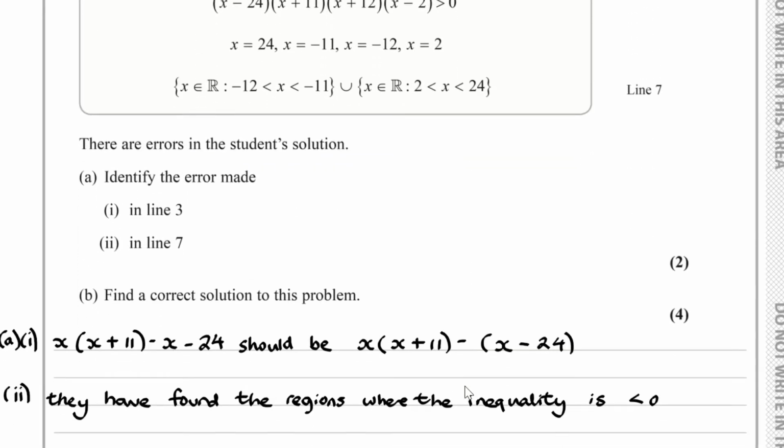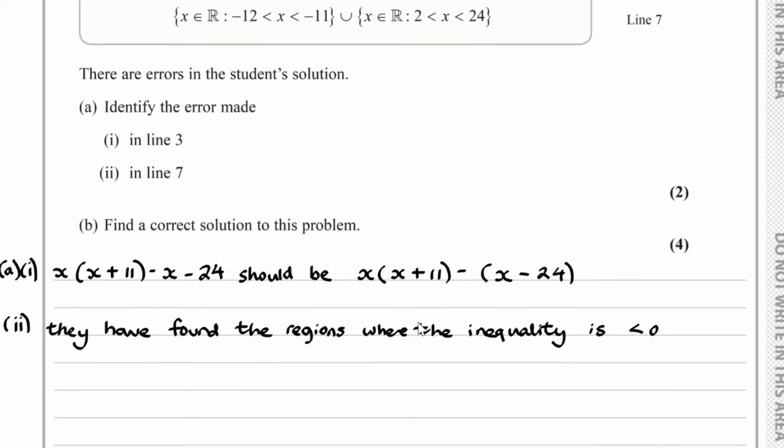So we've got those two statements written down over here. x lots of x plus 11 minus x minus 24 should be x lots of x plus 11 minus, and then in brackets, x minus 24. And for the next part, they have found the regions where the inequality is less than 0. And now for part B, we have to find a correct solution to this problem.